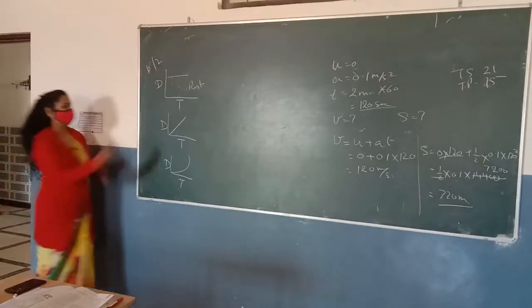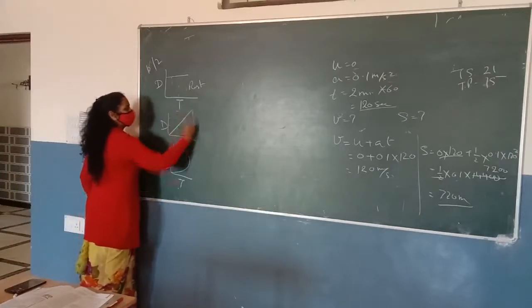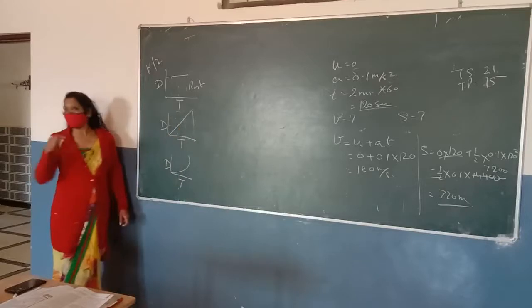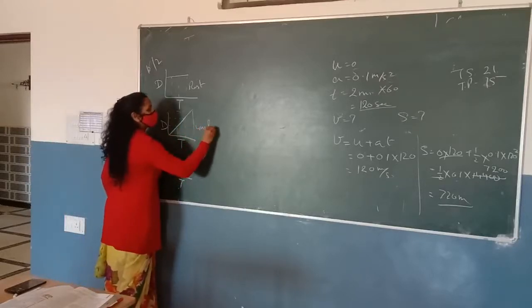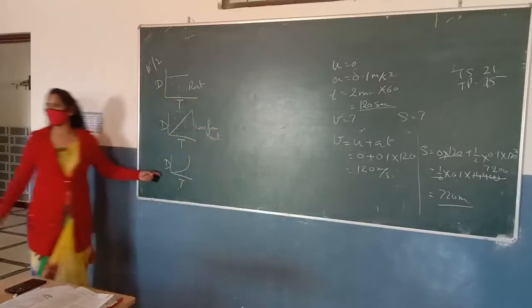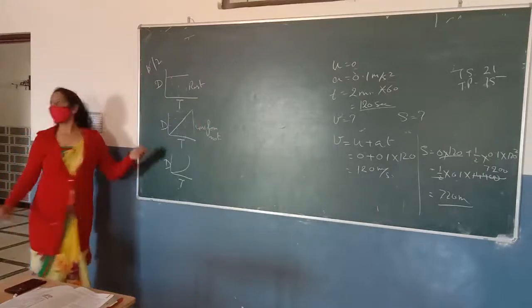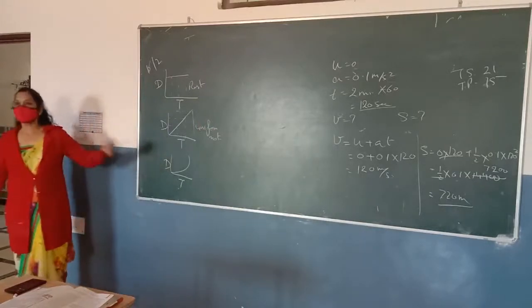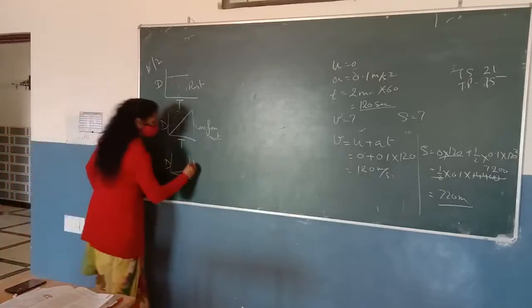Here, equal distance is covered by the body in equal intervals of time, and this type of motion is called uniform motion. And what about this third one? Ankit? Non-uniform. This is non-uniform motion, because the body covers unequal distances in equal intervals of time. So it is called non-uniform motion.